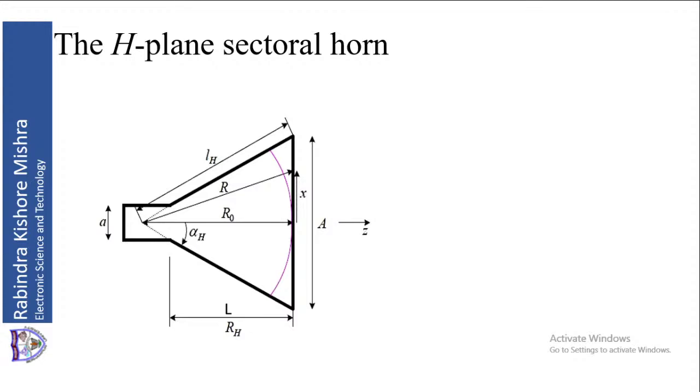So from that you can find out delta. Delta is the difference R minus R0. So find out what is R minus R0. R is equal to root over of R0 square plus X square, so the path difference is root over of R0 square plus X square minus R0.